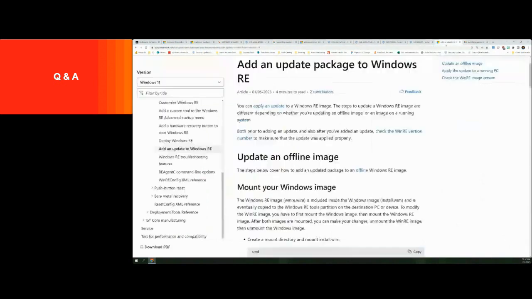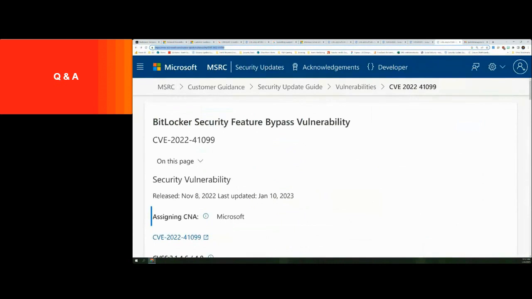Might have been the Windows RE update from November, and if that's the case, that would be this one. All right, so Michael, hopefully that is the one you're looking for. Oh yeah, you did respond saying the one for WinImage, so that should be the right one. Not a problem. You're welcome.